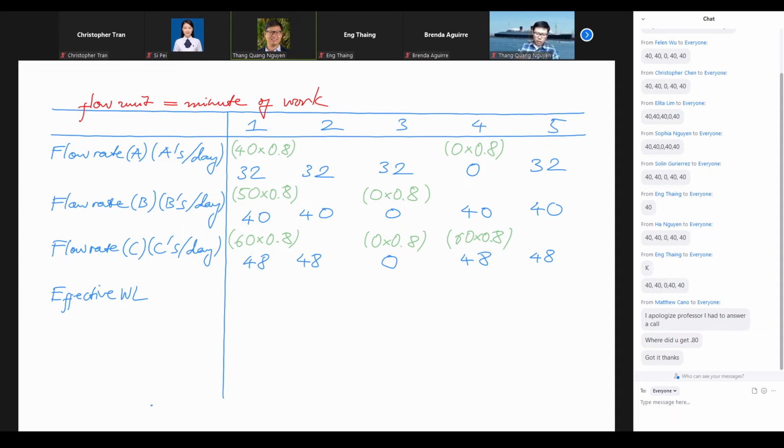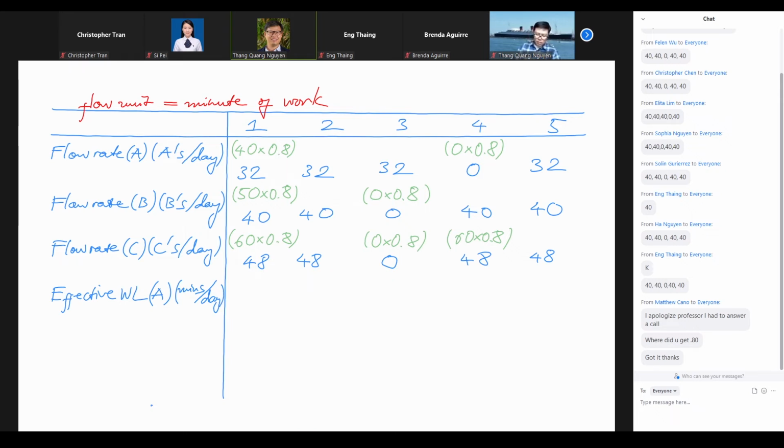But here we talk about the effective workload, how much workload is actually applied to each of the stations, right? So in this case, when we talk about the effective workloads, the unit is not ice cream anymore. The unit is how many minutes of work are required per day, right?